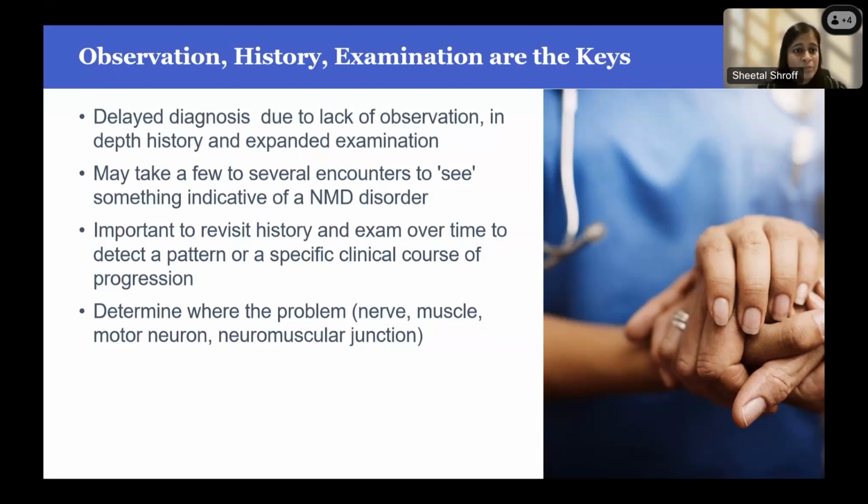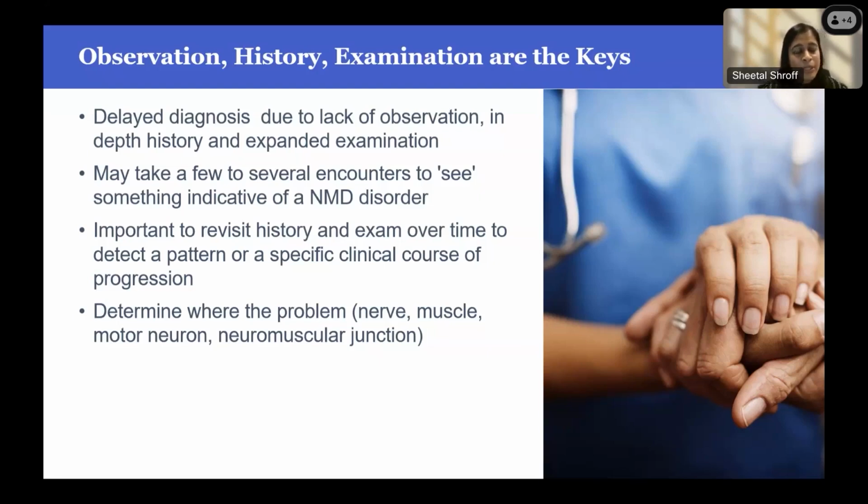Even for us, sometimes when we see patients, we suspect this, but they don't fully fit this condition or fully fit the criteria. So we have to follow these patients along. And at times, it does take several encounters to come to a diagnosis, to confirm that they do have a neuromuscular disease or condition.